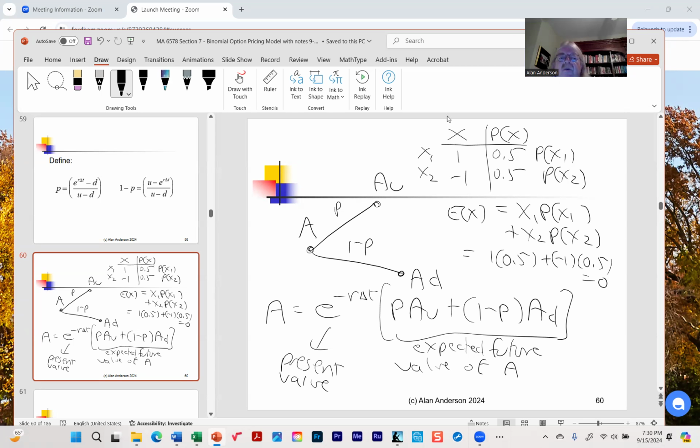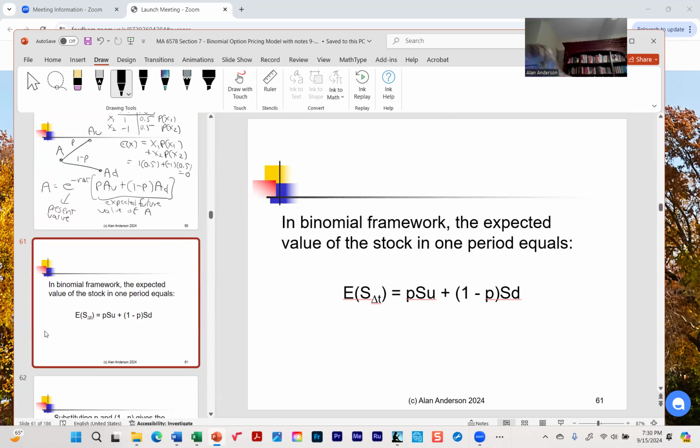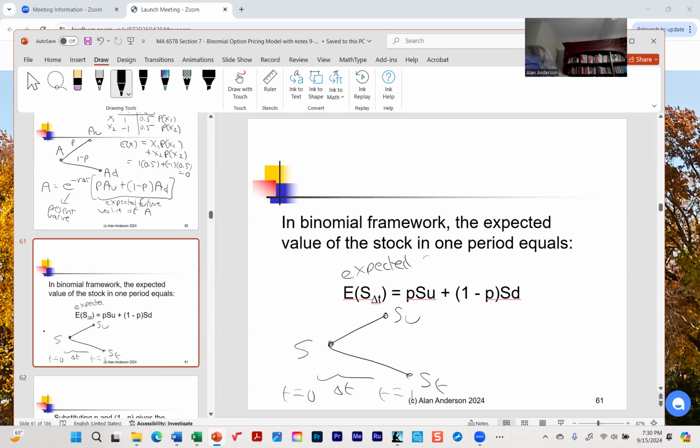So here we're going to demonstrate why these probabilities lead to a risk neutral result, because again, with S, SU, SD, T equals 0, T equals 1, the time difference is delta T. Now, this is meant to represent the expected stock price delta T in the future.